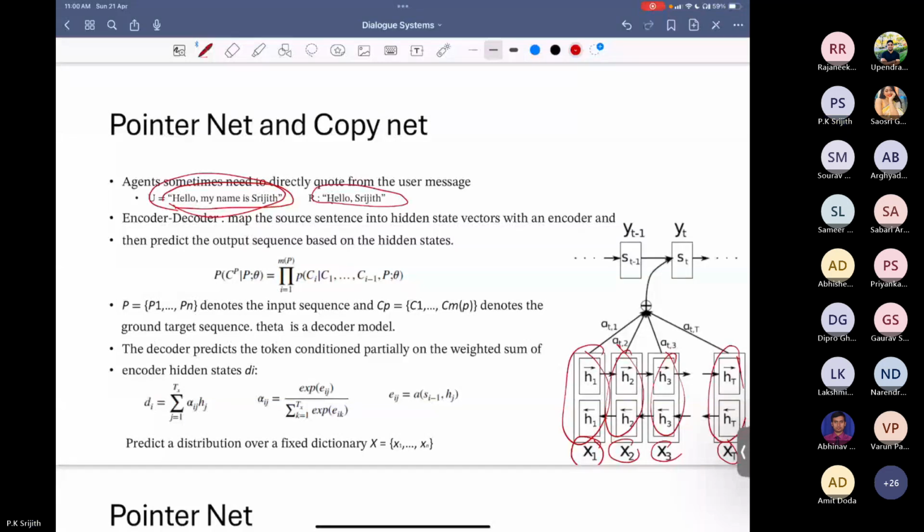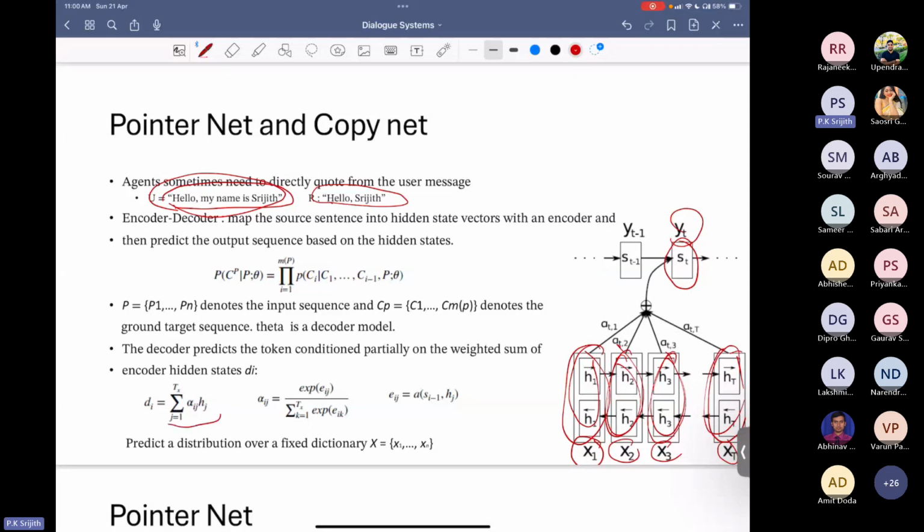Now, when you want to predict the output yt at some time t or some turn t, you consider all these hidden representations associated with the input and consider some kind of a weighted combination of that, something like the sum over j equal to 1 to t of alpha ij hj.